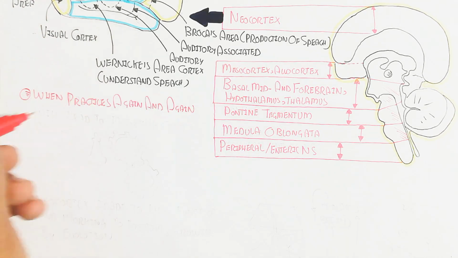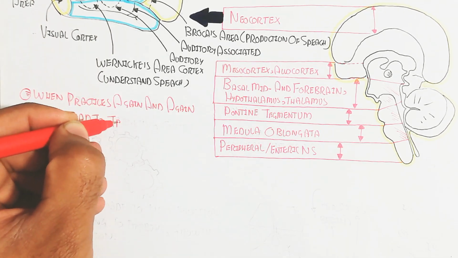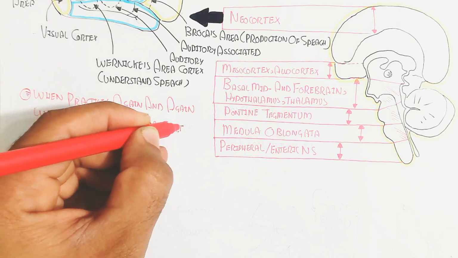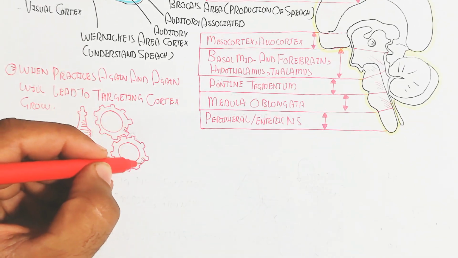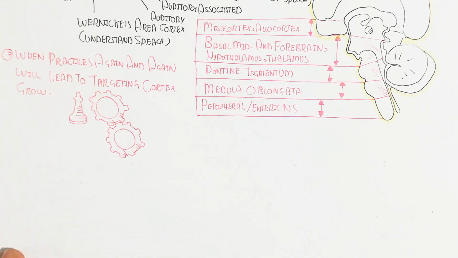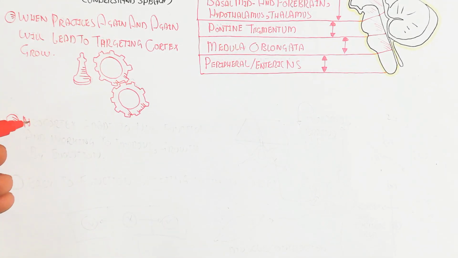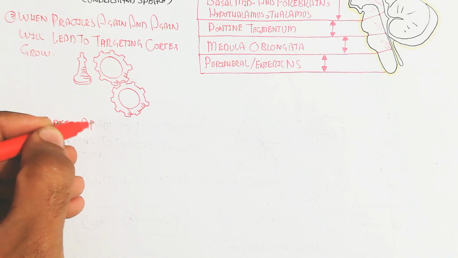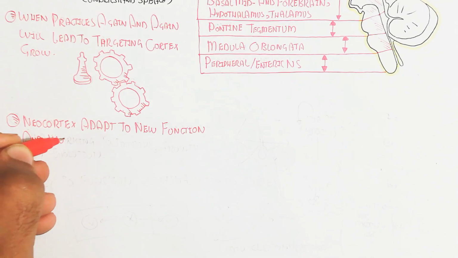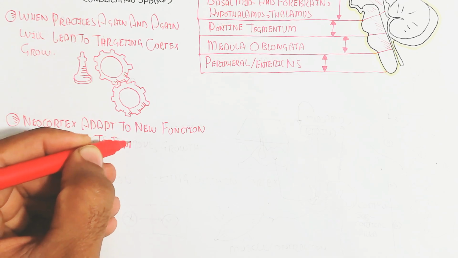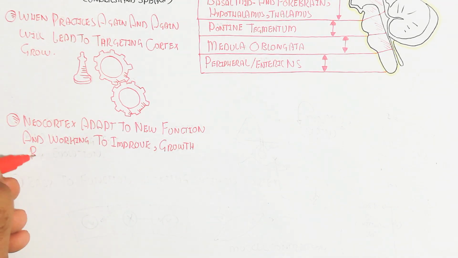When practice is repeated again and again, it leads to targeting of the cortex, which grows as learning and improves the learning, and in this way the evolutionary process will increase the cerebral cortex, the neocortex development. The neocortex adapts to new functions and works to improve growth by evolution.